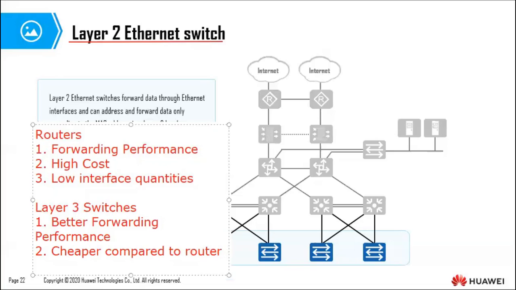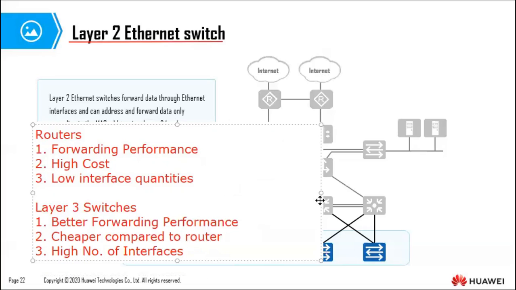Number 3, high number of interfaces. So that's why we need to use layer 3 switches. Last week I showed you a router. How many interfaces did it have? 4? Was it 6?